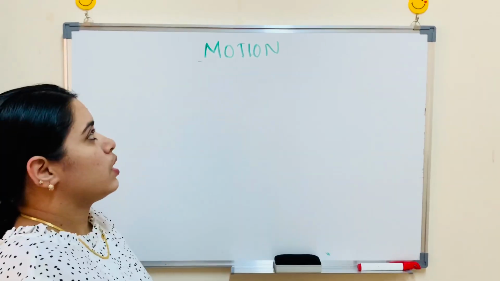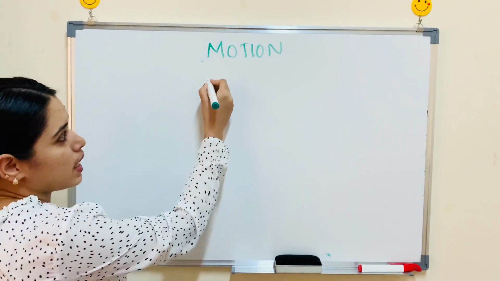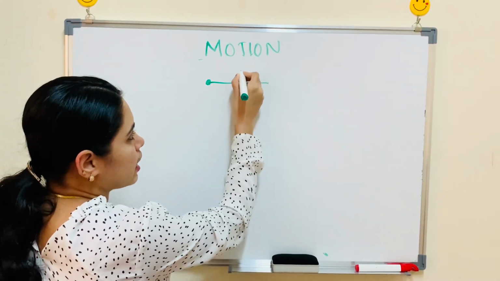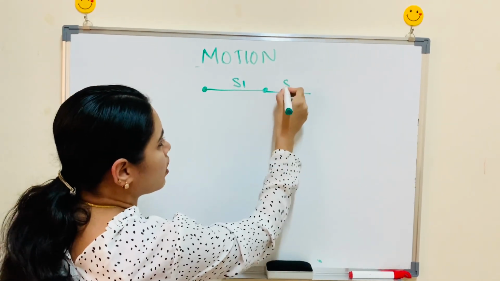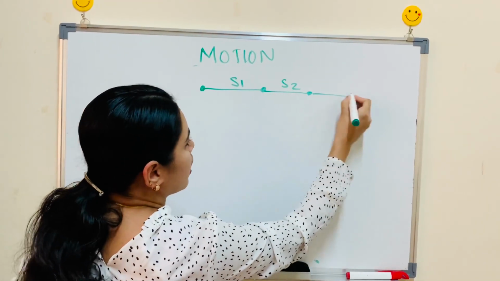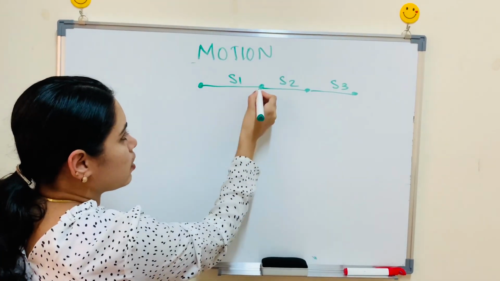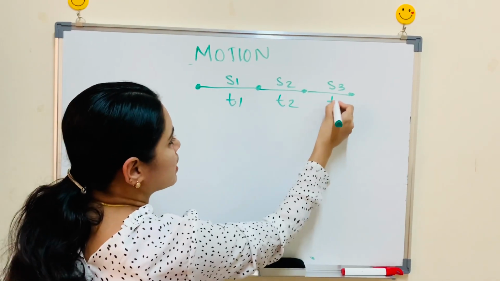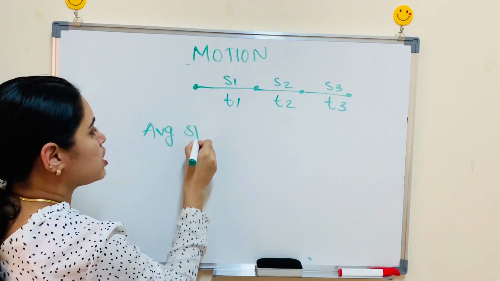Okay. Now the next concept is average speed. Suppose an object is moving from here and it covers a distance s1 and reaching a point here and again moving, then reaching here and again moving, like that. The time in between these 2 points is t1, here it is t2, here it is t3. Now we are going to find out the average speed.